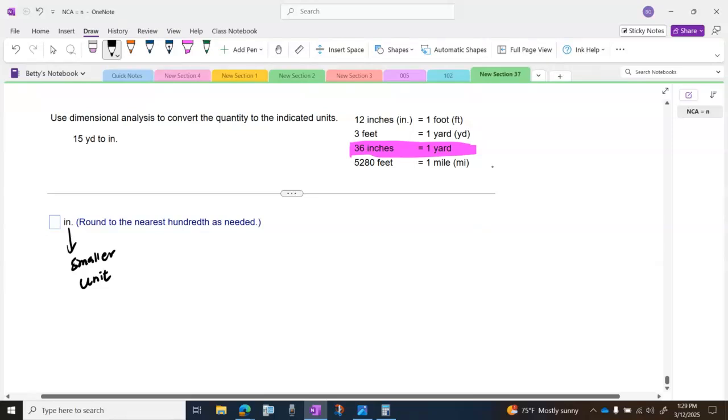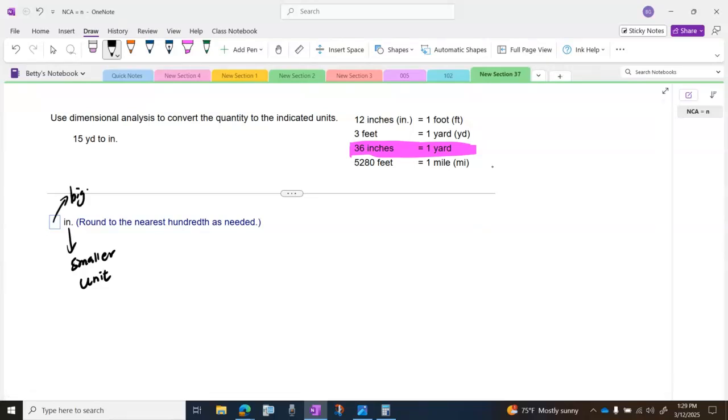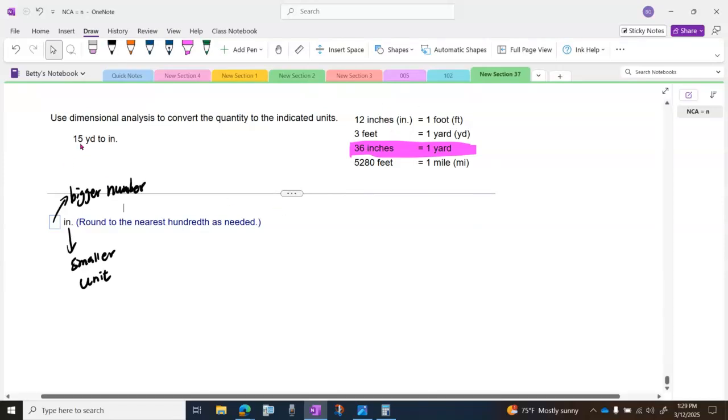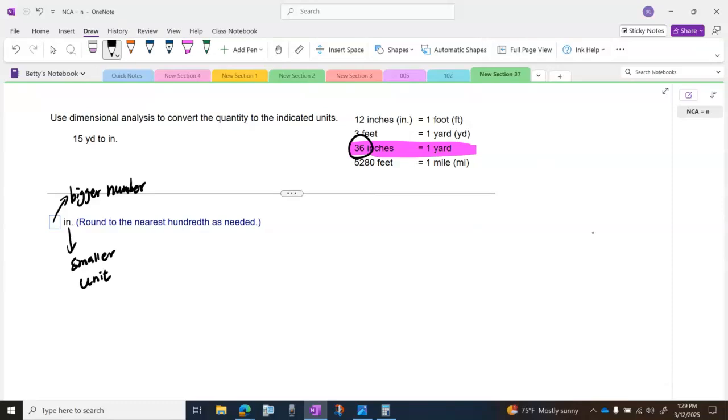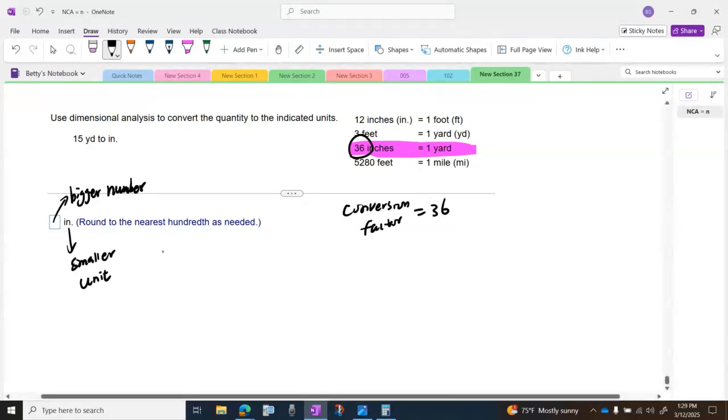So we need a bigger number in the cell, bigger than 15. The conversion factor is 36.